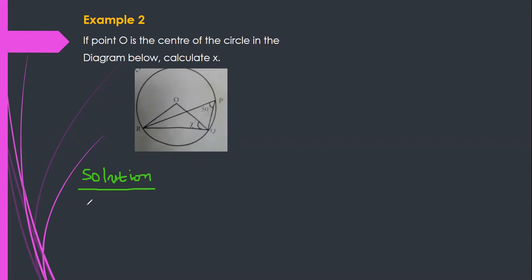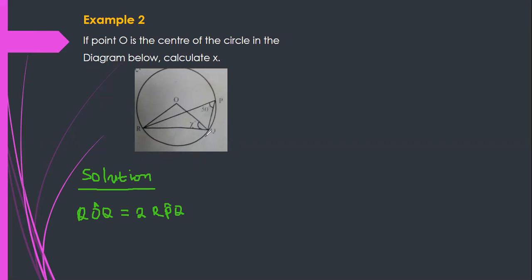So we will say that angle ROQ is equal to 2 times angle RPQ. Why?